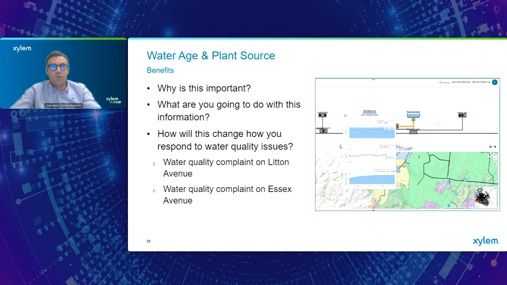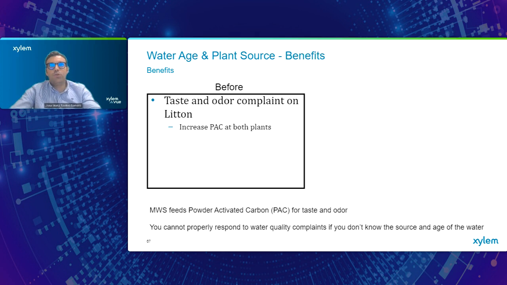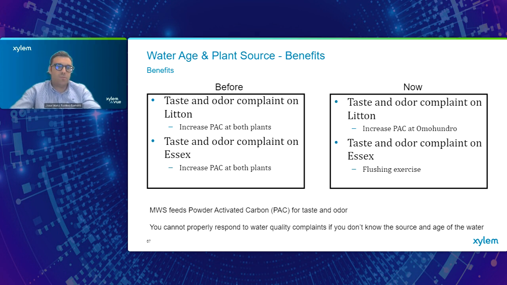If we are not able to have this kind of information platform that drives the detailed picture here, and we have in front of us another complaint, what could be the solution?